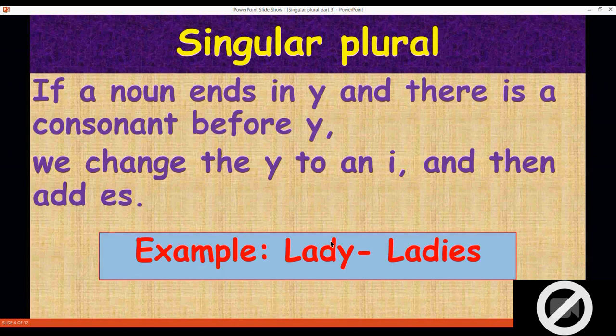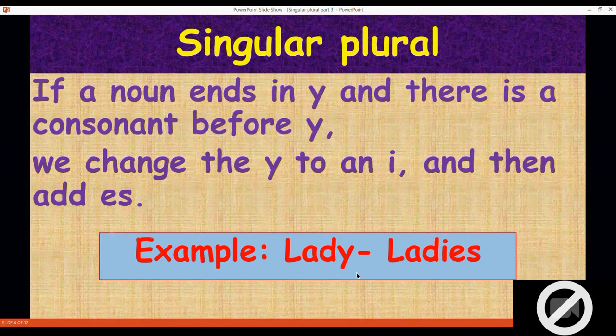All the alphabets except A, E, I, O, U are consonants. So if there is a consonant before Y, then replace Y. Don't do anything to the consonant, just take away Y and add IES in place of Y.